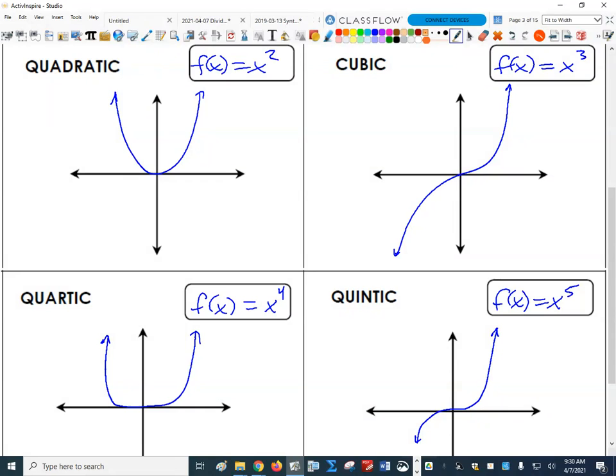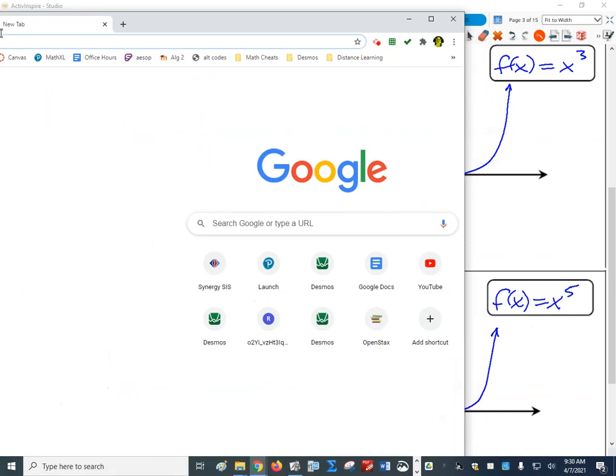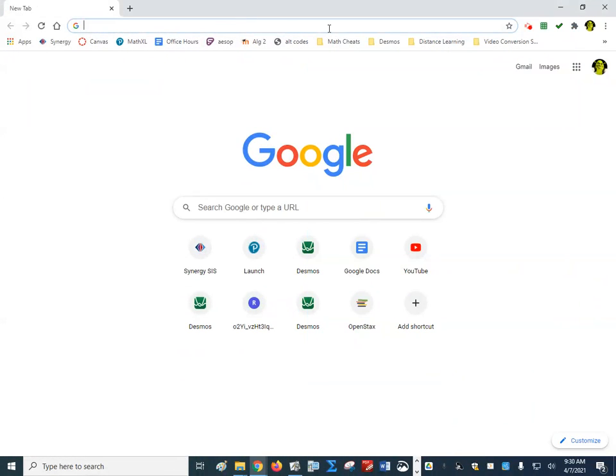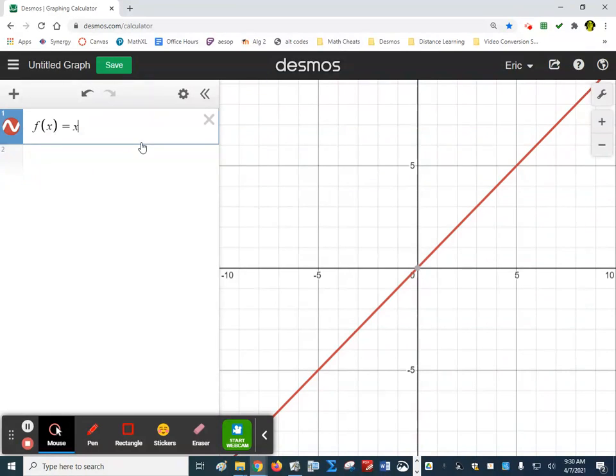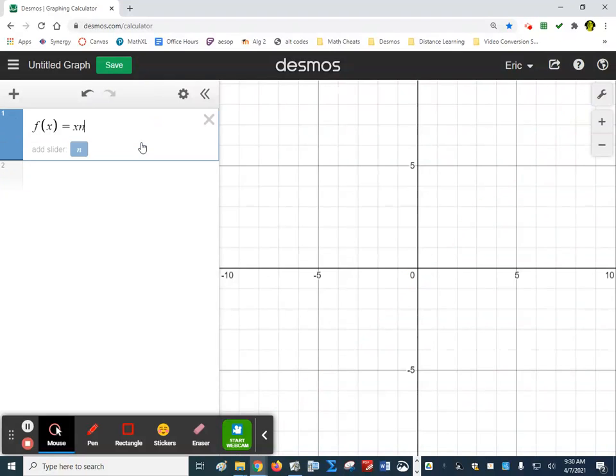But I want you to see, how are they related? So I'm going to do f of x. I'll show you. Messing with Desmos is kind of fun. I'm going to do x to the n.